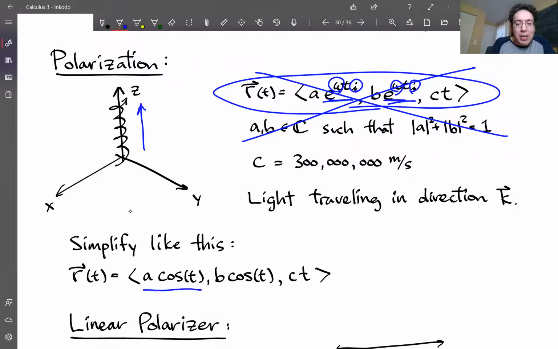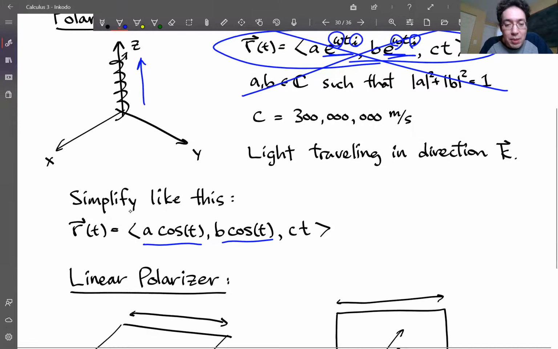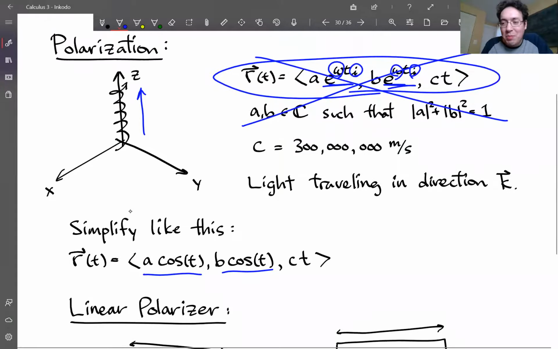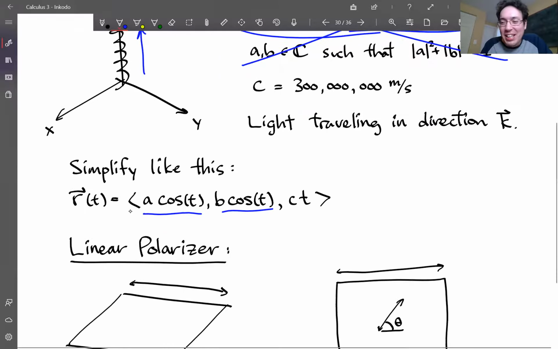So maybe you could rewrite it like this, using cosine or sine function. These numbers A and B could be complex numbers as well, but it doesn't really help the situation, so you could just imagine them to be real numbers. Basically, just ignore everything I've said so far. I just have to say it, so I'm not lying to you, but really, this is not the important part.